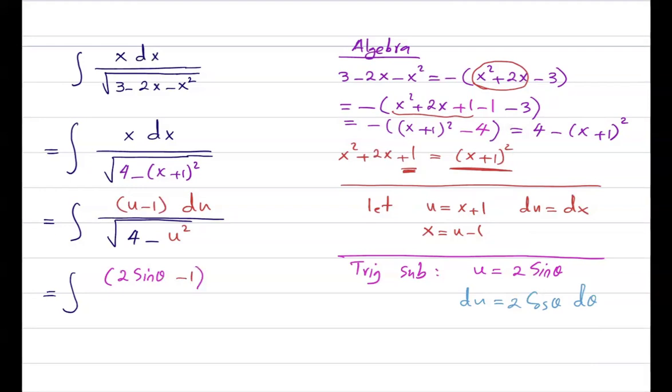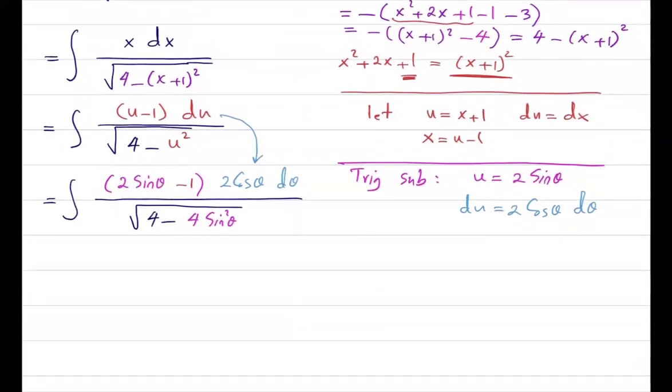And my du, which is equal to 2 cosine theta d theta, divided by the square root of 4 minus u squared. U is 2 sine theta, so you get 4 sine squared of theta. Perfect.